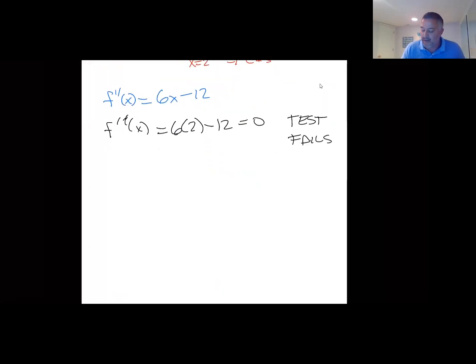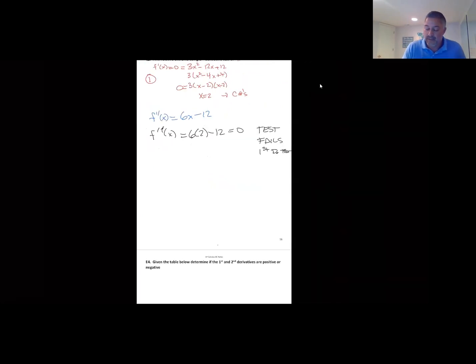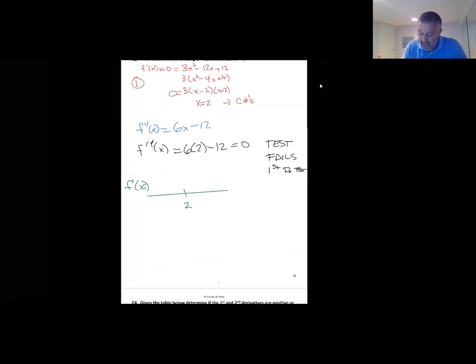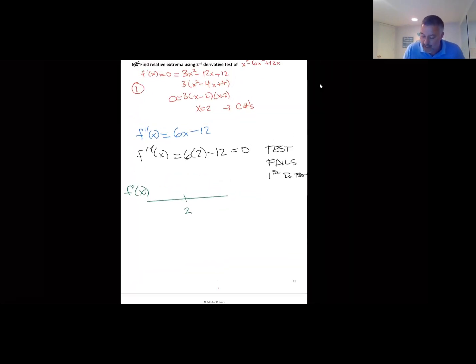Since the test fails, I go and use the first derivative test. So let's go back to the first derivative. Let's make ourselves a number line. Let's put our number 2 on there. Let's look at f prime of x, which is 3x squared minus 12x plus 12.